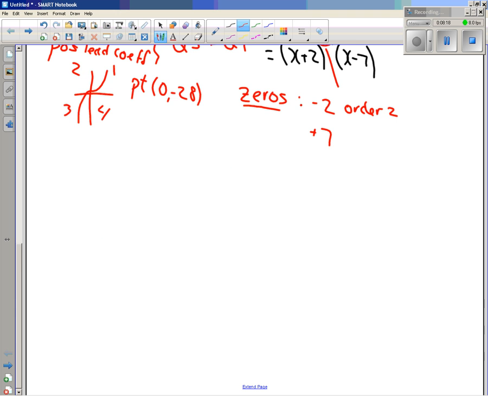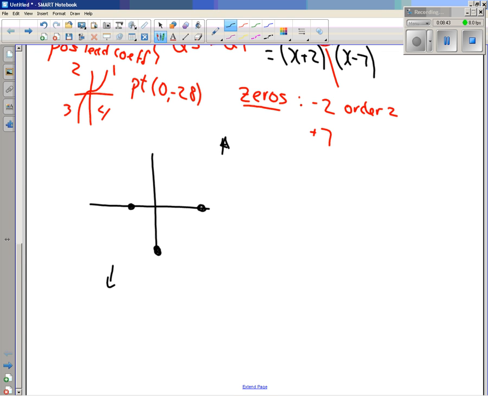So now we can pull all that together, and we can get a graph for our function. We have zeros at negative 2 and positive 7. We know our end behavior, that it has to start in quadrant 3 and finish in quadrant 1. We have a 0 at negative 2, so we can put that right there.